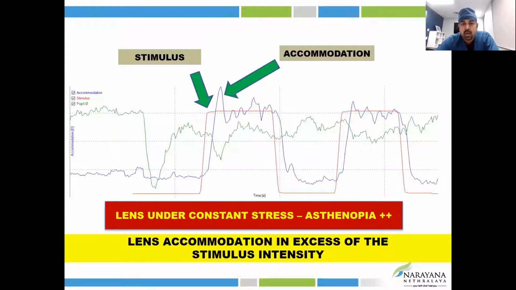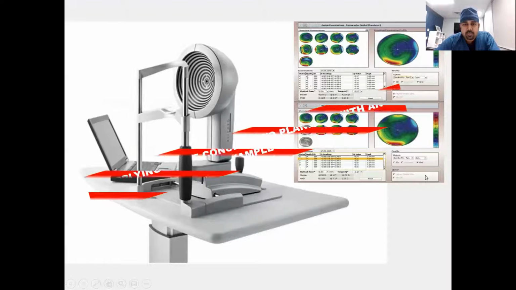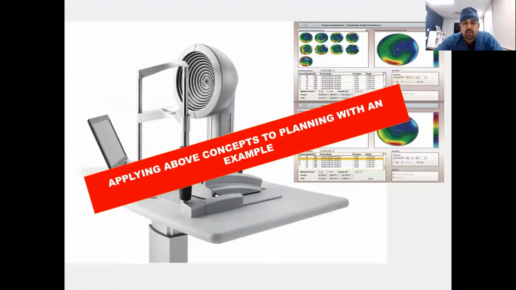But if the accommodation is much more than the stimulus, then the lens is acting more than required, and that could be partly compensating the cylinder that the patient has on his topography. So we discussed a few concepts as to how the corneal aberrations can mask as astigmatism and how the lens can decrease the amount of astigmatism that is seen on the topography.